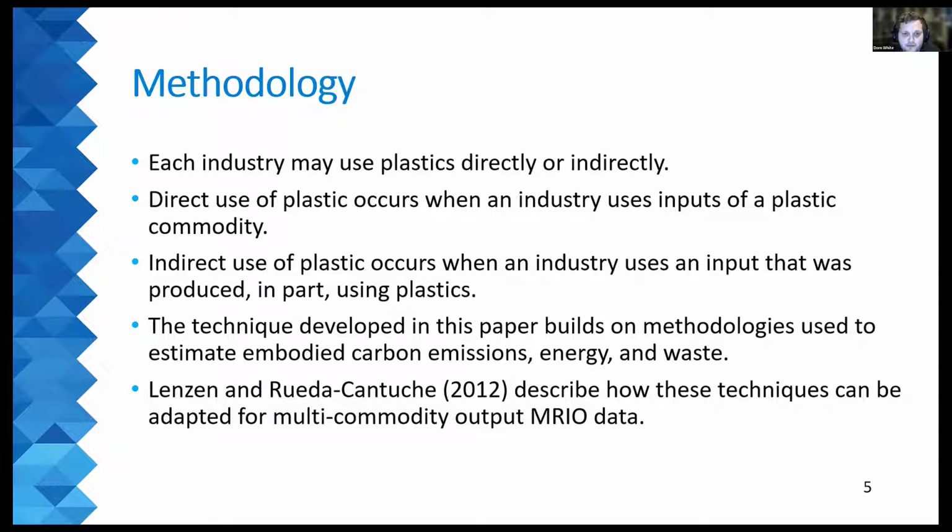An indirect use of plastic occurs when an industry uses an input that was produced in part using plastic. So, for example, if we're looking at carpet and rug mills as an industry, and they use knit fabric as an input into production, and knit fabric uses plastic fibers and filaments as part of their production, carpet and rug mills as an industry is indirectly using plastic fibers and filaments in their production.